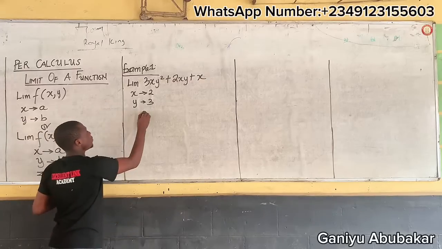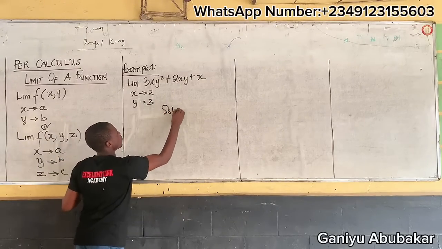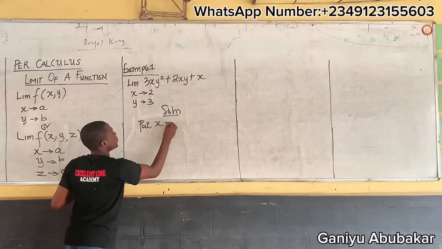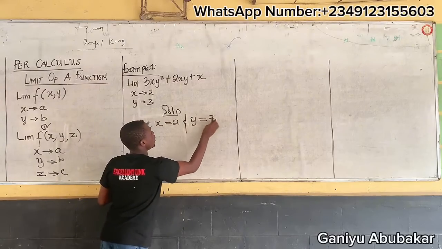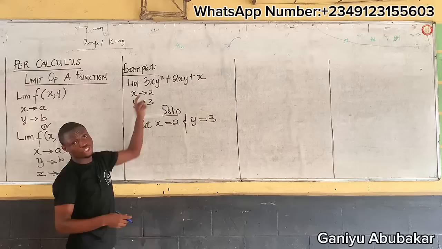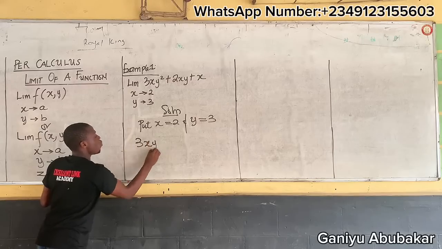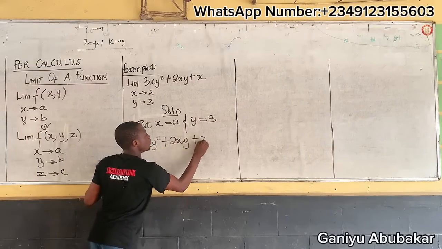Solution. My task is to put x as being equal to 2 and y as being equal to 3 into the given function. The function here is 3xy squared plus 2xy plus x.